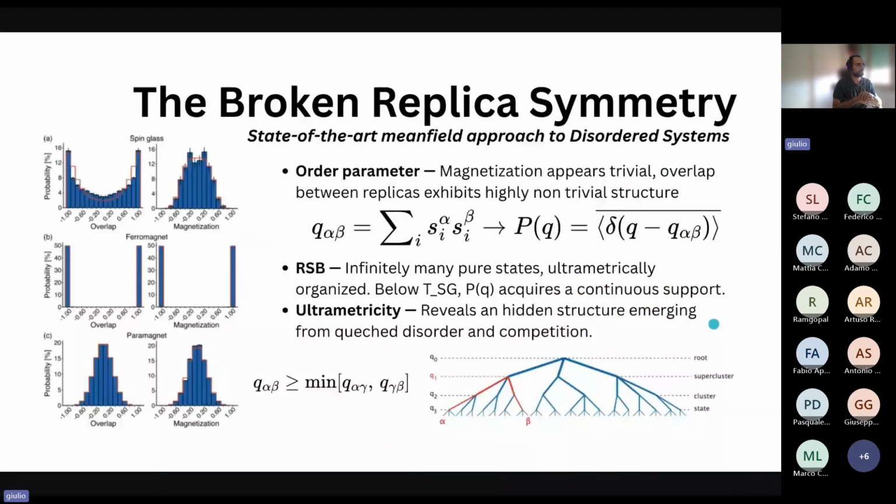So very shortly, for the right order parameter in this case, you cannot use magnetization, otherwise you would mistake this for disorder.